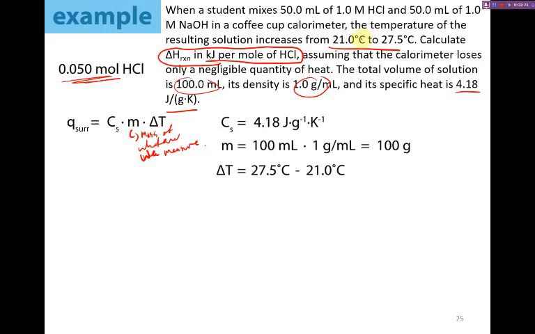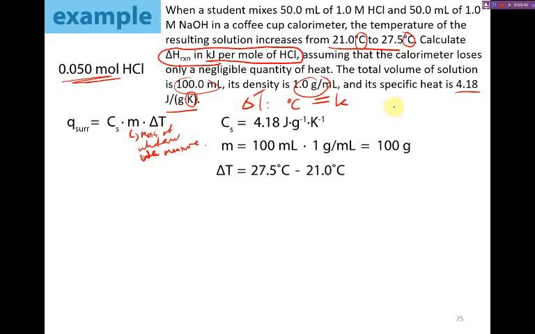Now, you might have noticed that this is degrees Celsius, whereas this is in degrees Kelvin. But remember, when looking at changes in temperature, a degree Celsius is equal to a degree Kelvin.